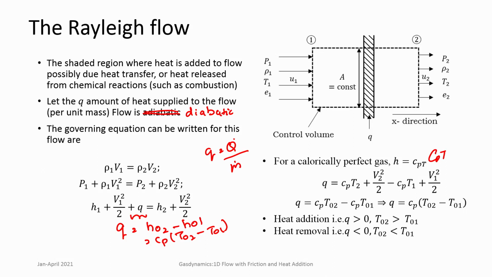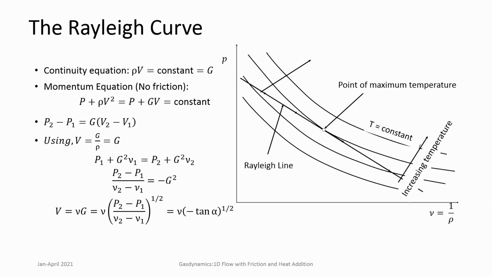This is in essence what we are looking at, and similar to Fano flow, we will first start by looking at the thermodynamics of the process. We will put some charts, it is very easy to understand with charts, and that way we will understand almost everything about the flow with heat addition.